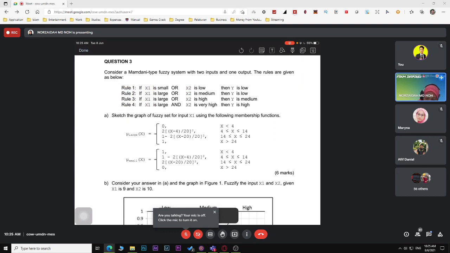Okay, dia kata kat sini the first one is sketch the graph for fuzzy set input X1. Dia suruh sketch the graph given this following membership function. Okay, this membership function dalam bentuk apa? Is it a triangular function or is it S-shaped function? Z-shaped function?